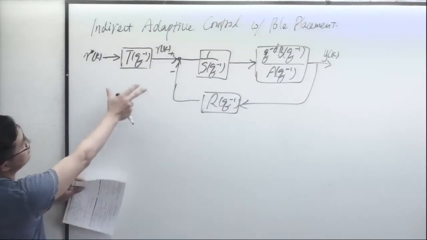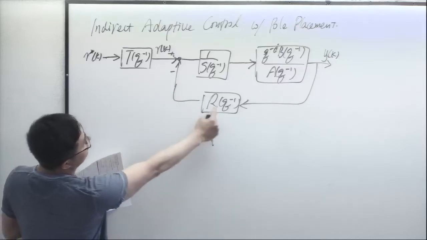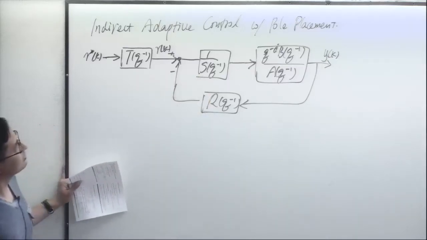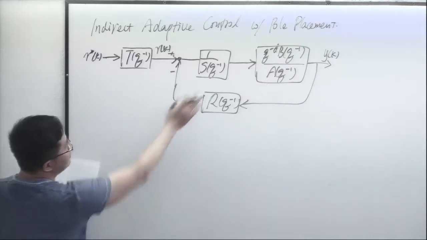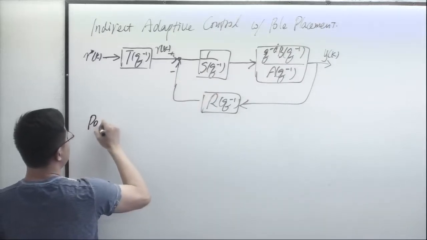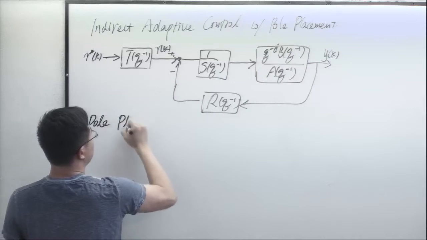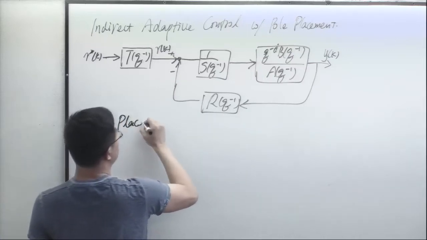The overall scheme, let's use the same RST structure, and the plant is the same as before. We're still doing pole placement, so there's still some pole placement equation for the characteristic polynomial.